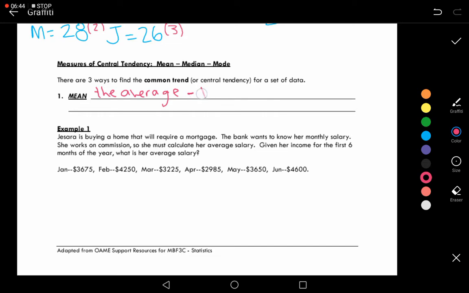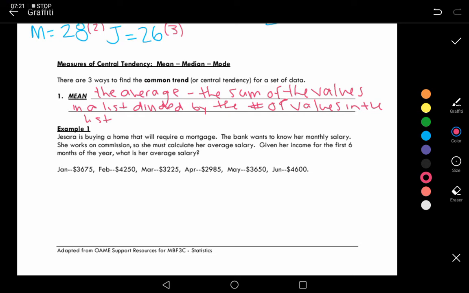And the average is the sum of the values, remember, sum is just the total of addition, the sum of the values in a list divided by the number of values in the list. Okay, so you add all those values together and divide by however many values there were. Okay, so that was the first thing we did.